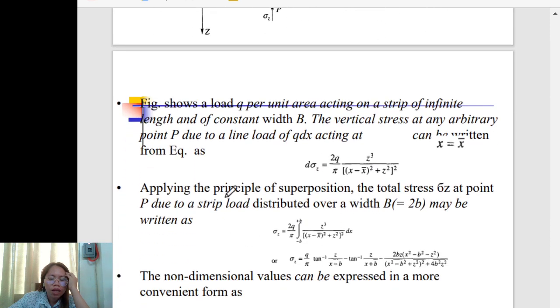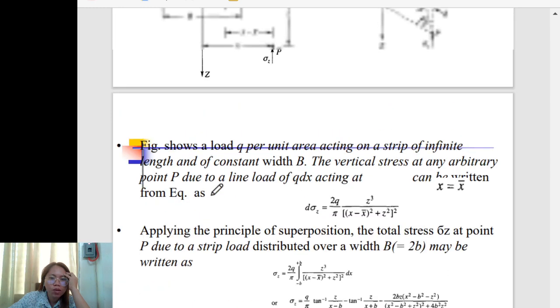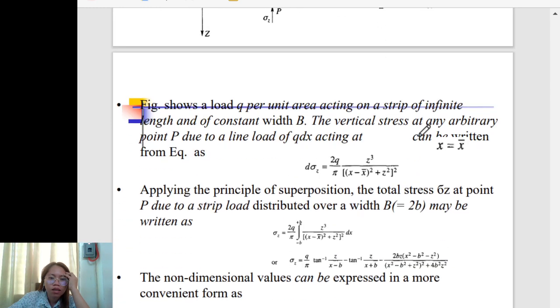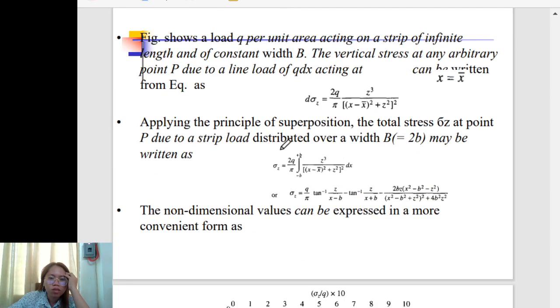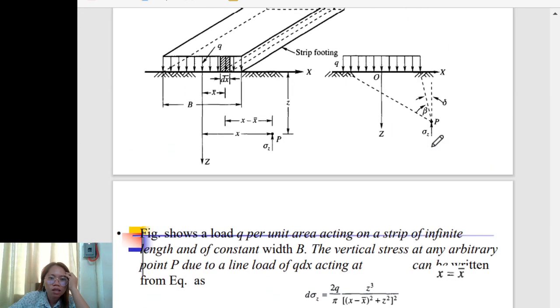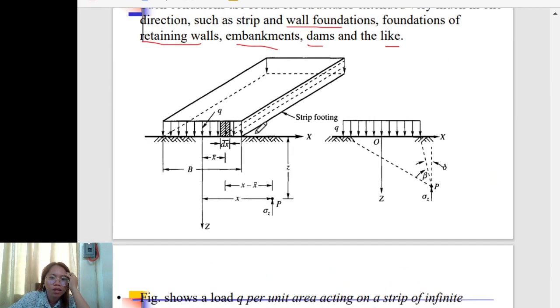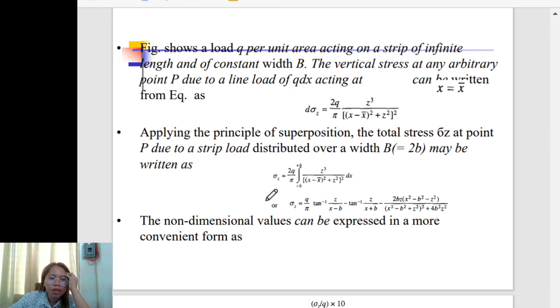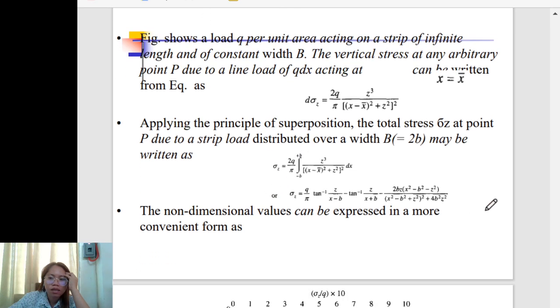So, applying the principle of superposition, the total stress, sigma sub z at point P, due to a strip load distributed over a width B, that is equal to 2B, may be written as this. The non-dimensional values can be expressed in a more convenient form.